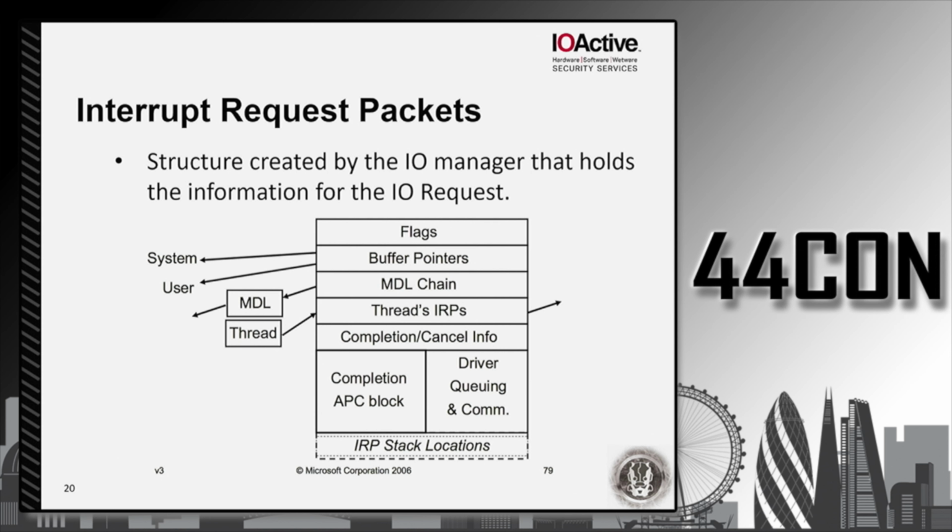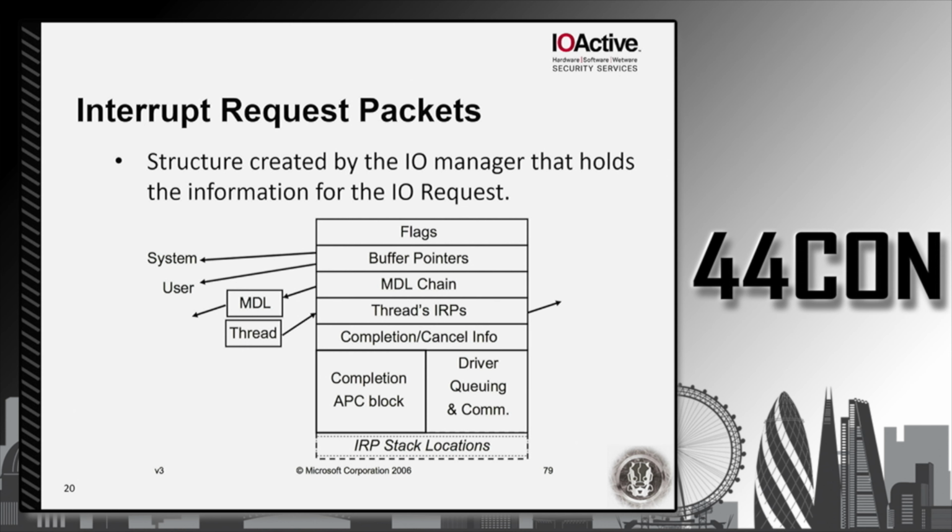Okay, and the dispatch routines work in terms of interrupt request packets, or IRPs. The IRP is created by the I/O manager when we make a call. For instance, if we do a read, it enters into the NTOS kernel, NTOS kernel creates the interrupt request packet, and that is what we receive in our dispatch routine.